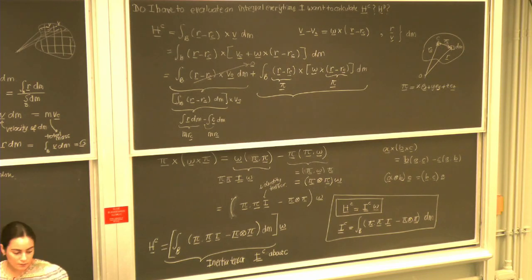Okay. So that's the matrix representation of these, and I'm going to call the components of this ICXX, ICXY, ICXZ, ICYX, ICYY, ICYZ, ICZX, ICZY, ICZZ.